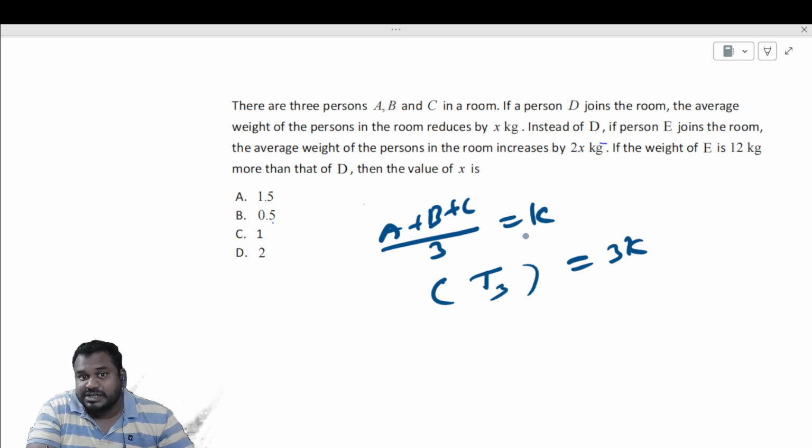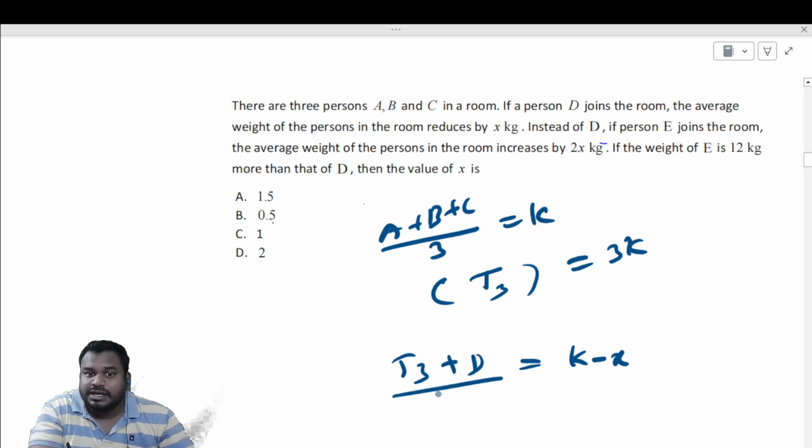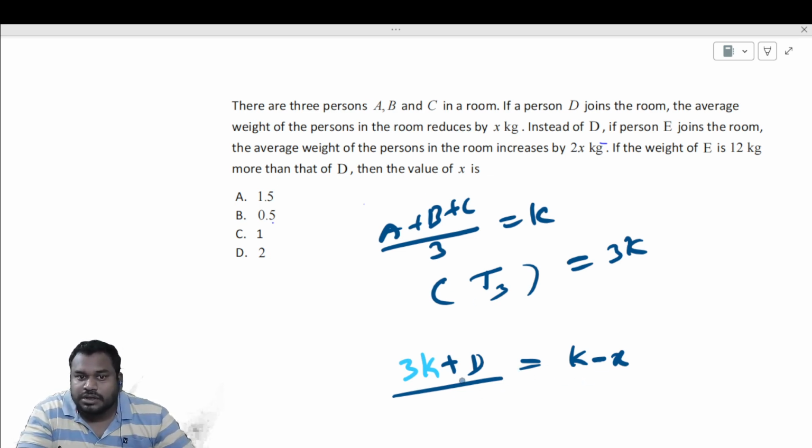The average reduced by X kg means it is becoming K minus X, because initially I assumed it as K. Now, T3 plus D by 4, T3 is nothing but 3K. So I'll write 3K plus D by 4, now 4 members because D was added. This is becoming K minus X.